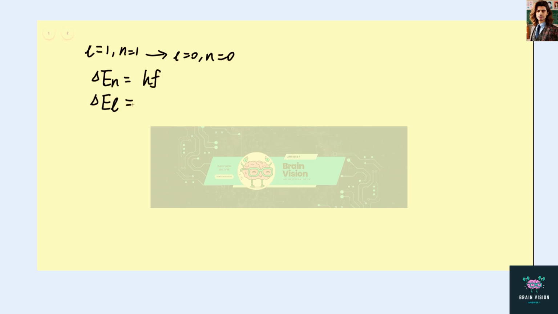The change of rotational energy is h bar squared over I. So the total change of energy is added together, and the photon wavelength is hc over delta E equals hc over (h bar squared over I plus hf). So this is the equation for this question.